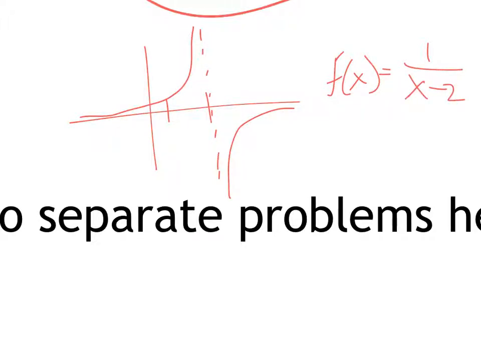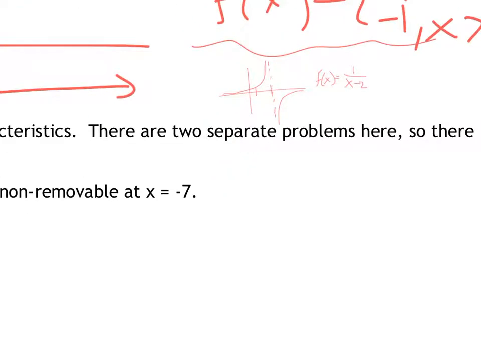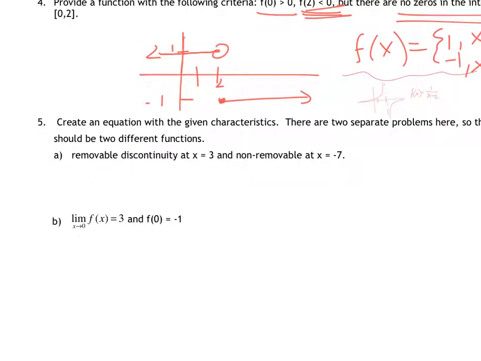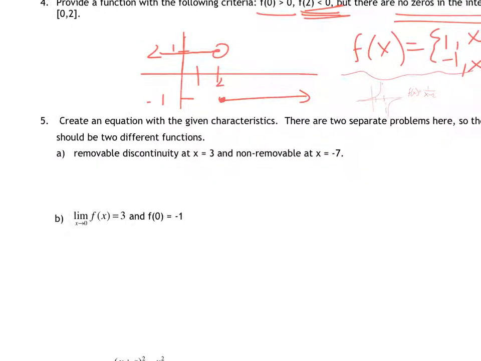It's positive over on the left, it's negative over on the right, and there is no 0. So it's not continuous, so it doesn't follow the intermediate value theorem. Okay, so create an equation with the given characteristics here.